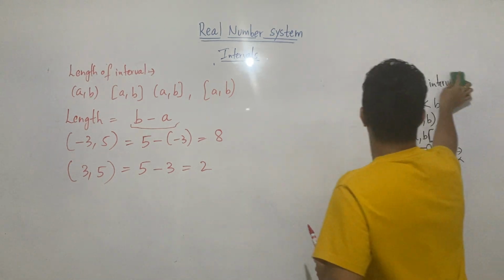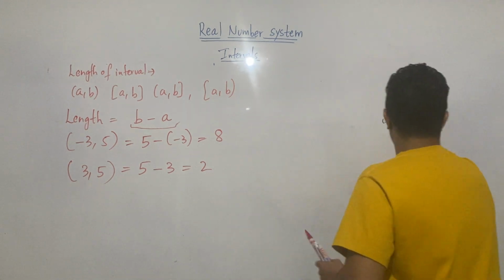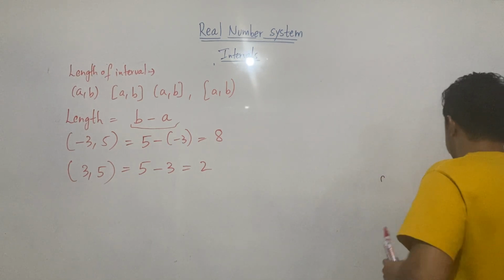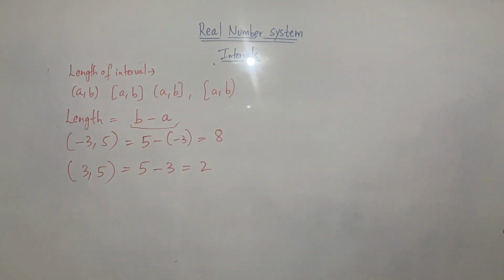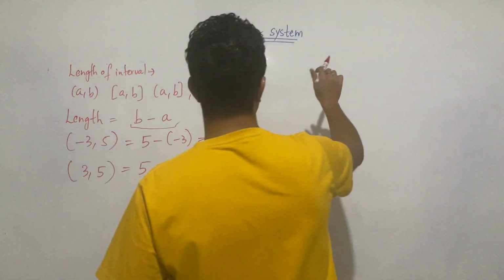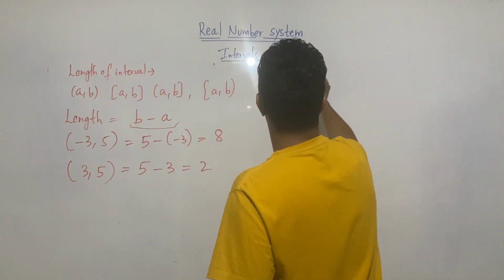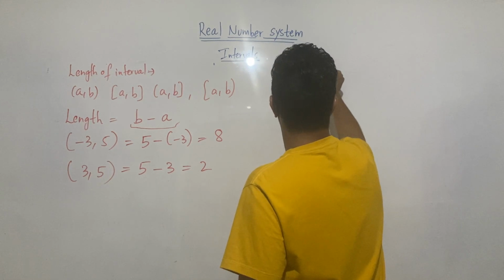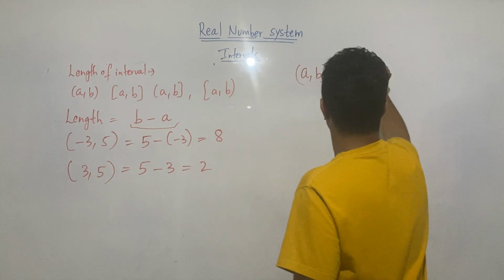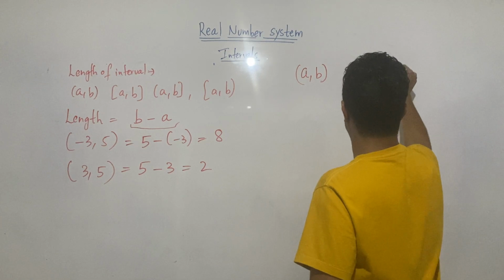Then the other thing I would like to discuss is this: this is my open interval AB, this is my closed interval AB.